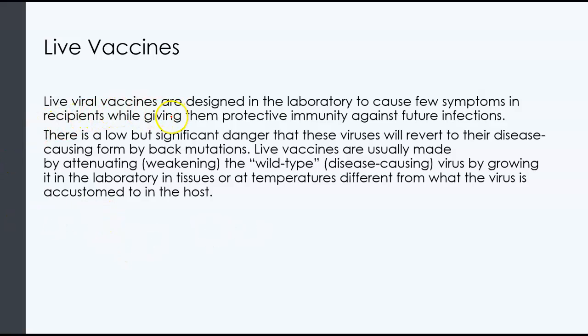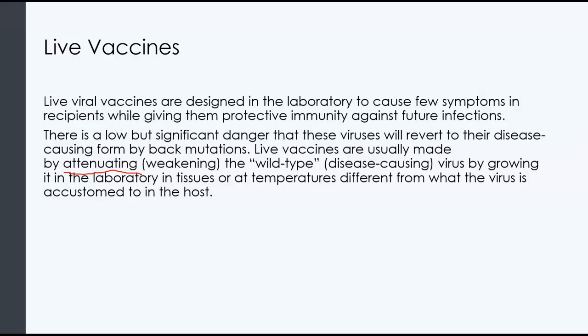Live viral vaccines are designed in the laboratory to cause few symptoms. And most of the time, to attenuate a live vaccine so that you can give a person live virus and encourage their immune system to develop immunity in case the real, dangerous virus attacks them, what you do is weaken the virus by growing it in tissues that it's not accustomed to, like maybe a human virus, but you grow it in a chicken egg, or at a temperature that's different from what it's accustomed to.